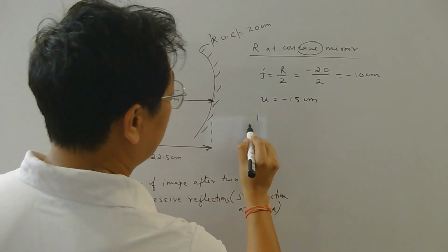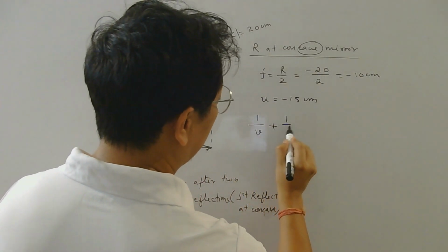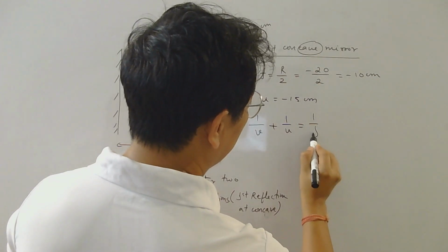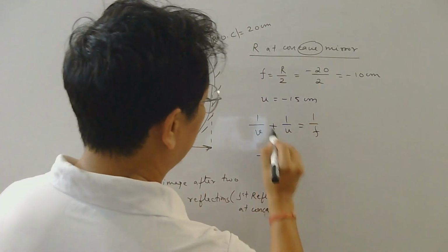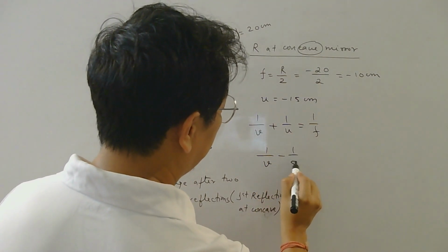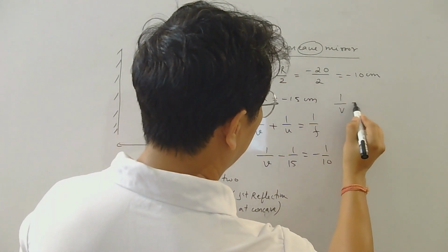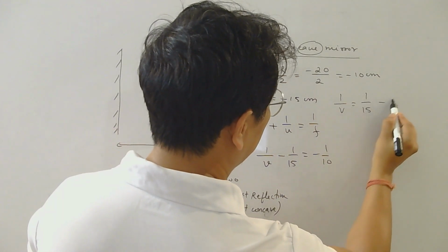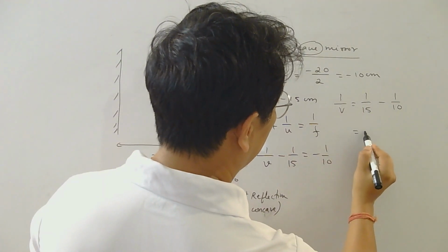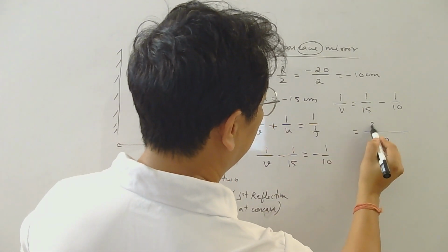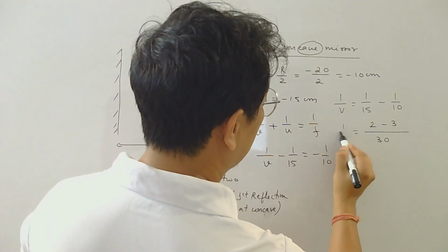So let us find the image distance. The mirror formula is 1 by V plus 1 by U is 1 by F. U is minus 15, F is minus 10. So 1 by V will be 1 by 15 minus 1 by 10. The LCM of this will be 30, 15 2s are, 10 3s are.